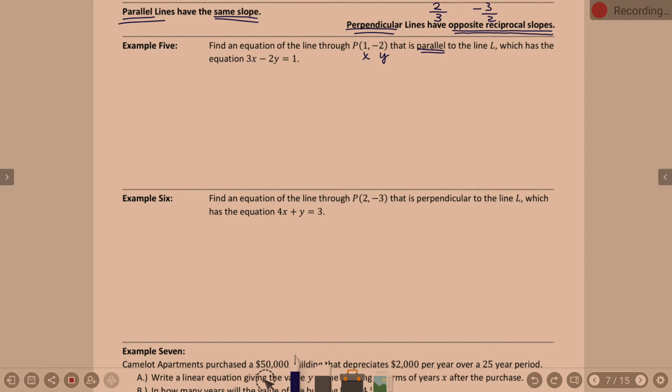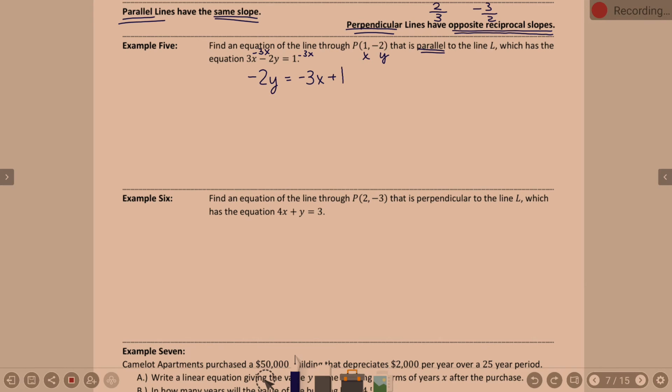Can we turn that into y equals mx plus b? Yeah. So let's turn this in, basically solve for y. If I want to solve for y, I'm going to subtract 3x. You can do this either way. So then I have negative 2y equals, and I'm going to reverse mine and say negative 3x plus 1.